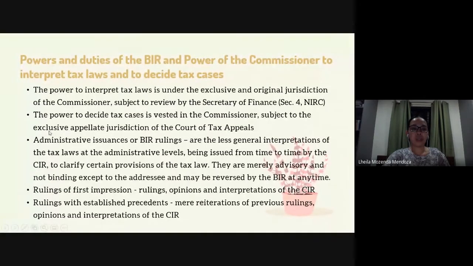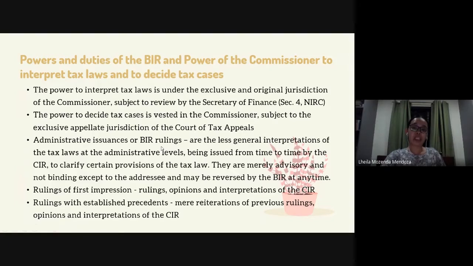Take note, it's exclusively within the jurisdiction of the Court of Tax Appeals for appealed tax cases decided by the Commissioner. So this interpretation of tax laws issued by the Commissioner, these are also called administrative issuances or BIR rulings.